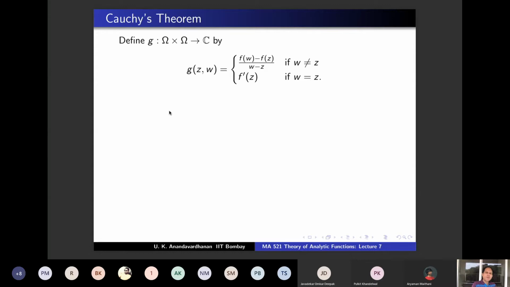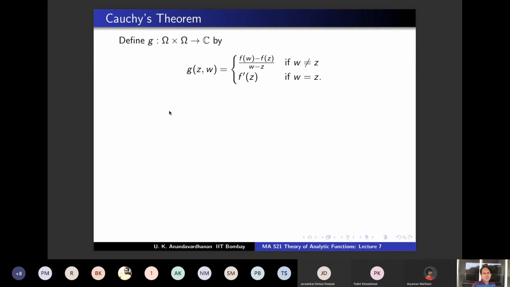It was not all that obvious at that time that it is differentiable at z equal to w; later it became obvious for us. So what we used was continuity throughout and differentiability, perhaps with one point exception. I'm just recalling this.